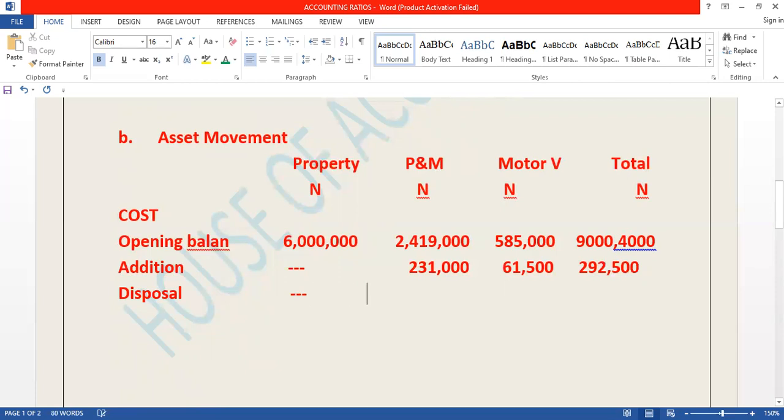Do we dispose of any P&M? Yes. What's the cost? You know, this aspect we are doing now is talking about cost. So what is the cost of that asset we disposed of? 415,500.